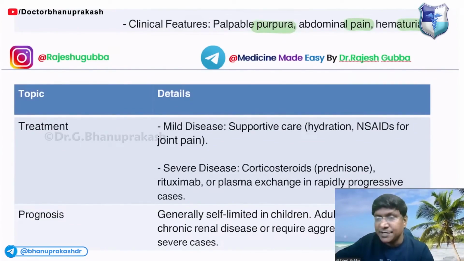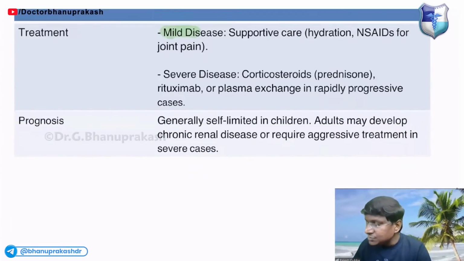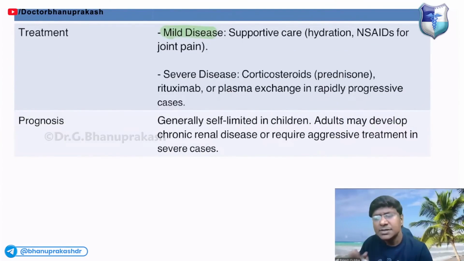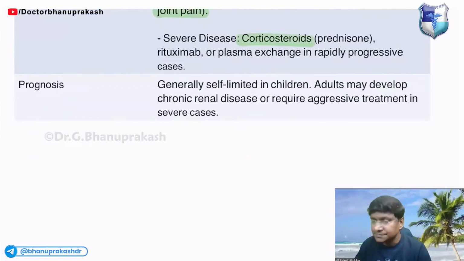Then how do you treat these patients? Treatment completely depends upon the severity of the disease. If the individual is having mild disease, supportive care, where you will give hydration and NSAIDs for joint pain. For severe disease, you need to give prednisolone, that is corticosteroids have to be given.